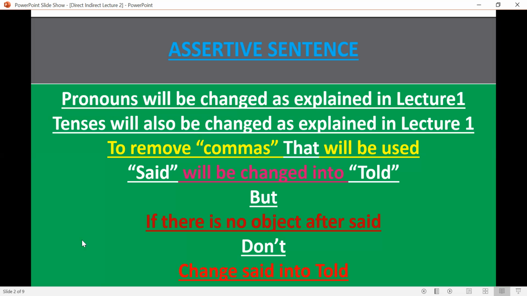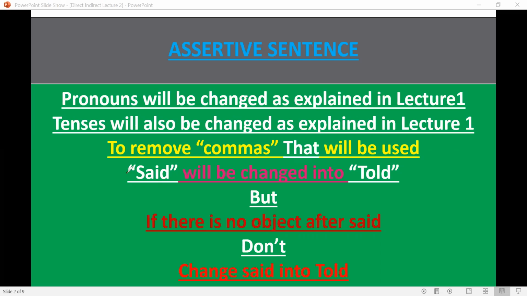Some other things, besides the change of pronoun and tenses, will remain the same throughout every kind of narration, every kind of sentences which we will learn in this series of lectures. In simple sentences, to remove commas, we use that.